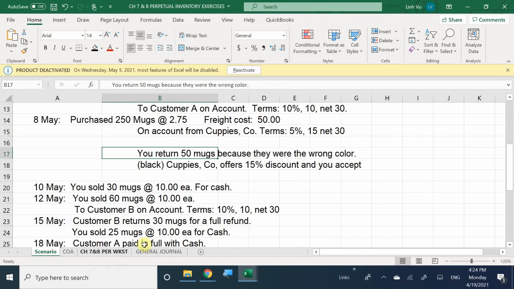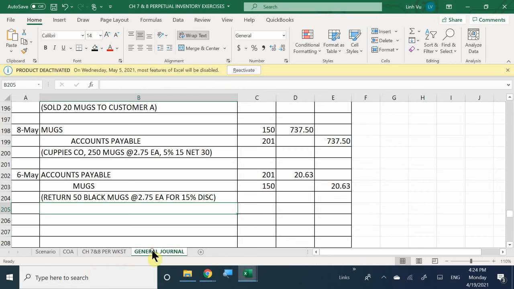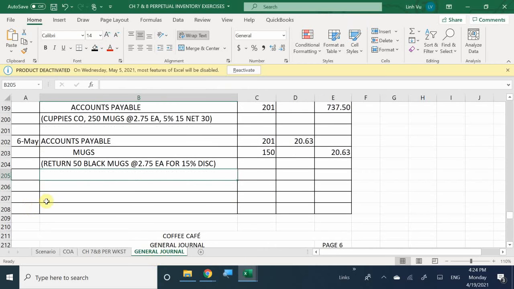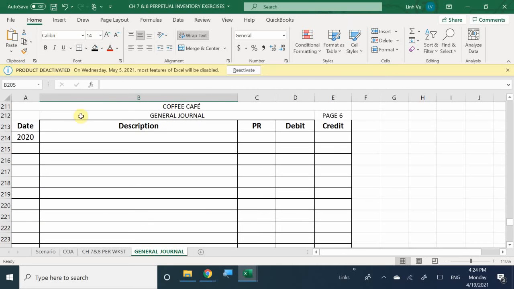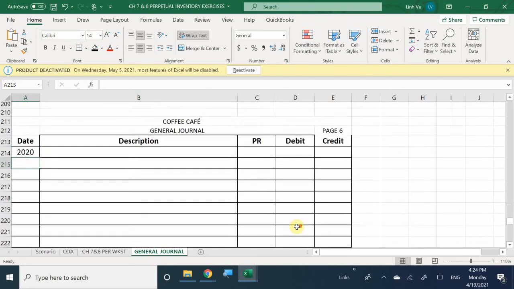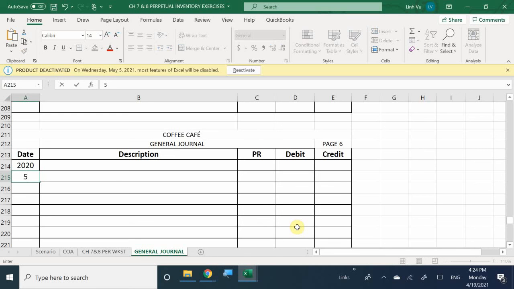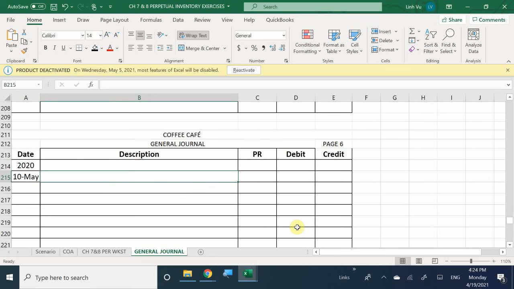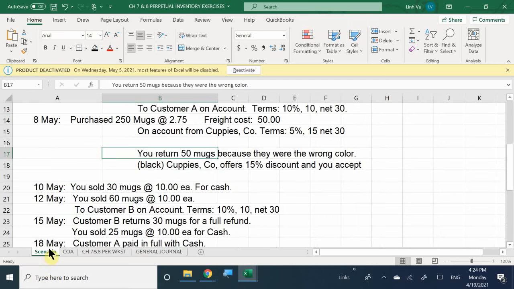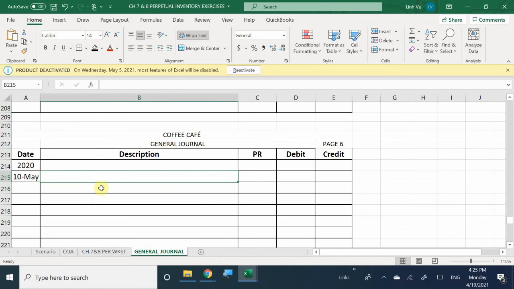Let's journalize this transaction first. We're at the end of our journal, so we're going to skip to the next page. It is now May 10. We sold 30 mugs for $10 each in cash.